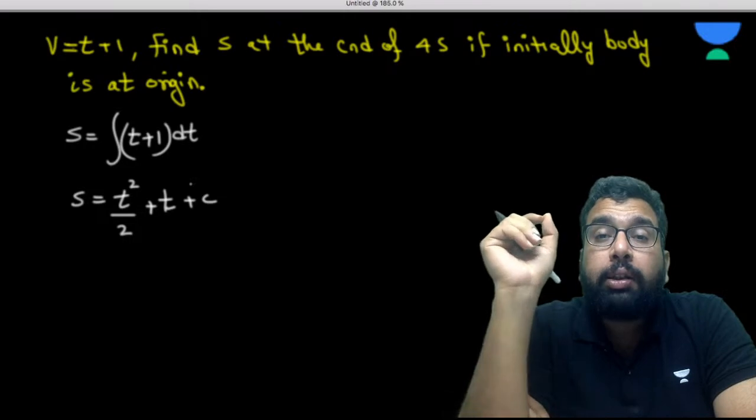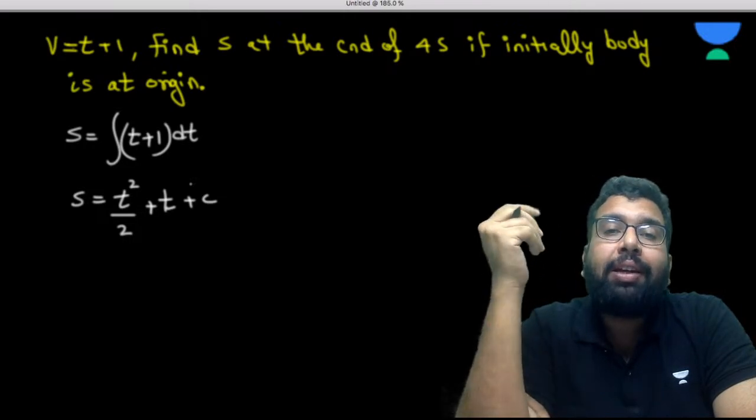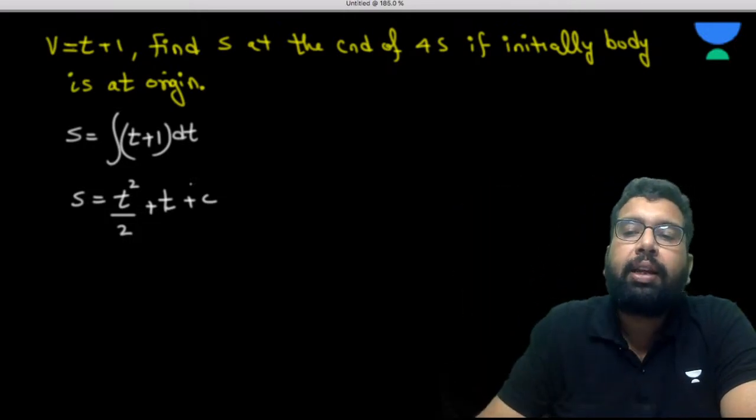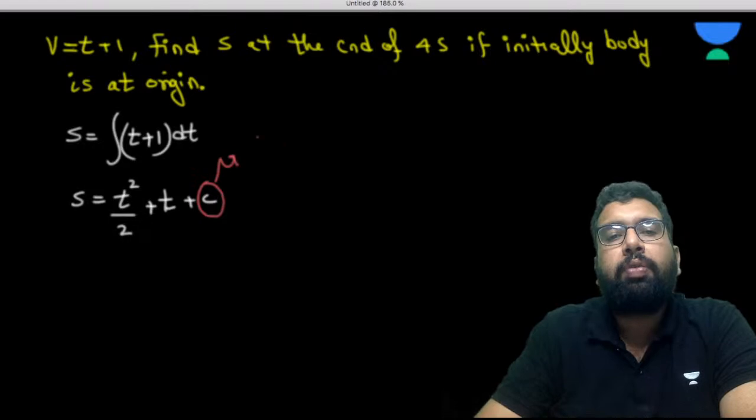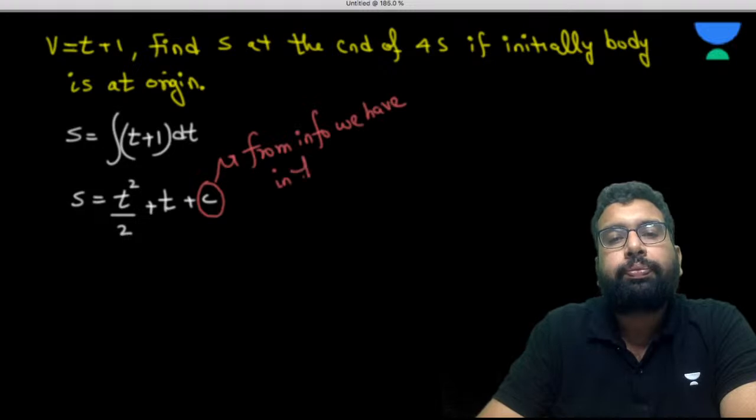Now, how do we find this constant of integration? We find it from the information we have in the question. So what is the information given in the question?